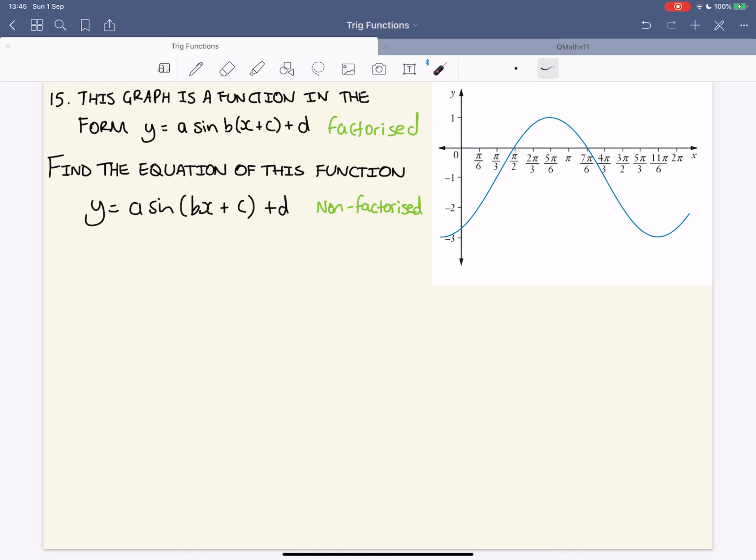Step 1, I would recommend finding the vertical components of this graph. And that is the amplitude, right? The distance between the top and the middle, or the distance between the bottom and the middle. That's the amplitude there.